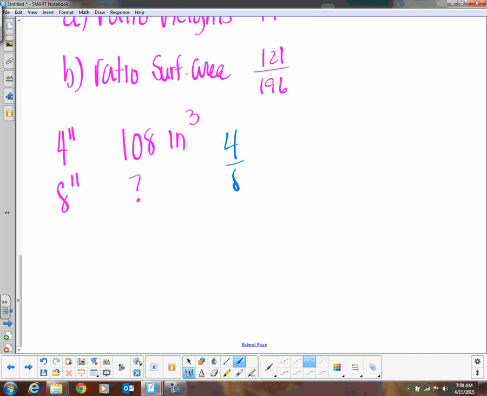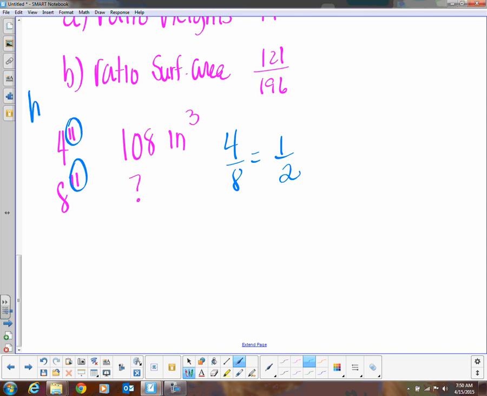Okay, what does that reduce to? 1/2. All right, is the scale factor a ratio of areas or a ratio of volumes? Are those inches squared? Are those inches cubed?